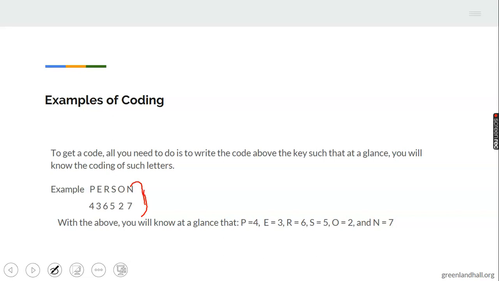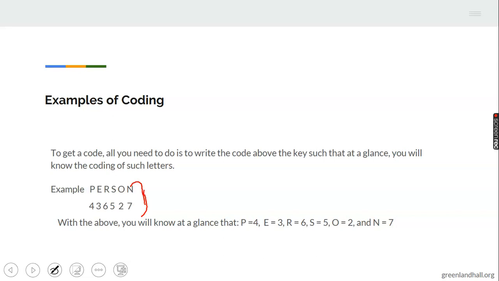numerals you can use. So with that example, we have person, and look at the coded letters they have used. You can use code to do a lot of things. Now, we have used 436527 as the numerals of the figures we want to use as the code for person.